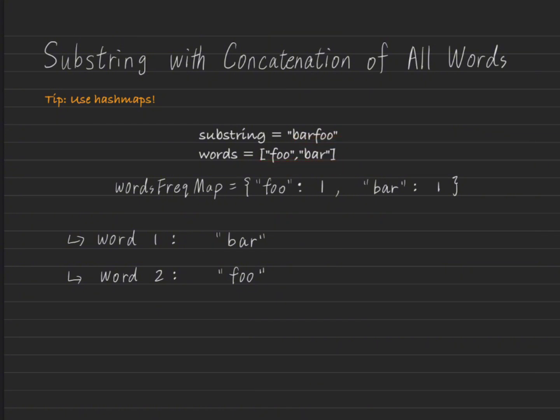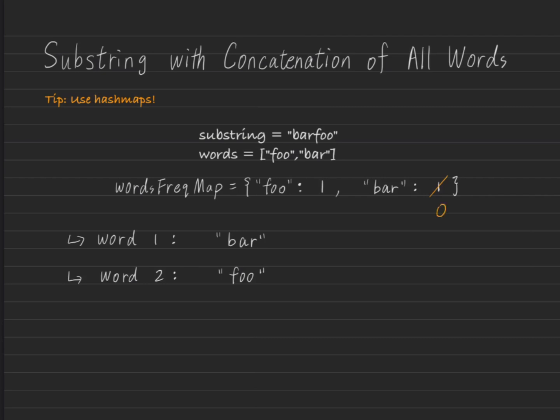The tip here is to use hash maps. This allows us to map each word to its frequency. And we can easily look up if the substring contains this word and decrement its frequency if the word has been found. The idea here is to split the substring by the length of each word. So the first word is bar, and bar is in the frequency map. So we decrement the frequency of bar by 1 to 0.